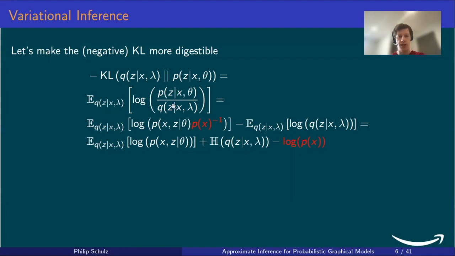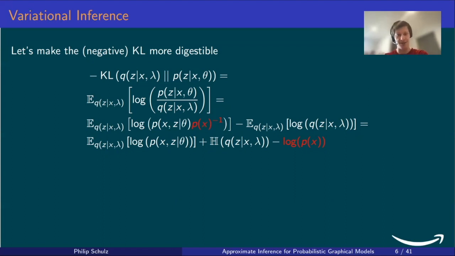Okay, so we separate out the numerator and the denominator. And for the numerator in particular, so for the posterior that we've been working with, we further separate out 1 over p(x). So again, remember that p(x) is exactly the quantity that we can't compute to start with, right? So the reason that we are using approximate inference is we can't compute p(x). So for as long as p(x) is in here, this is actually completely useless because we're back to square one, right?